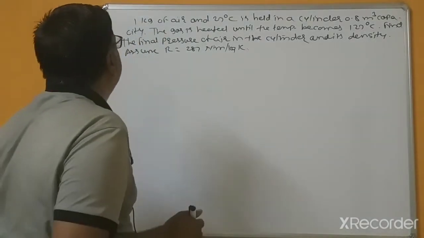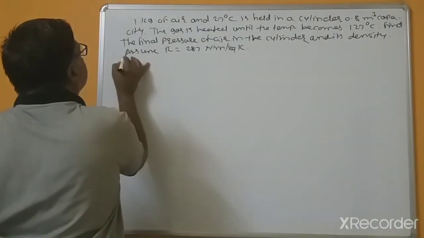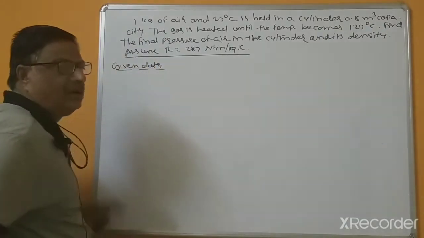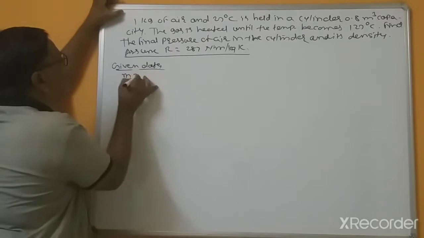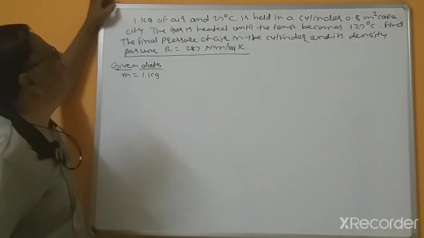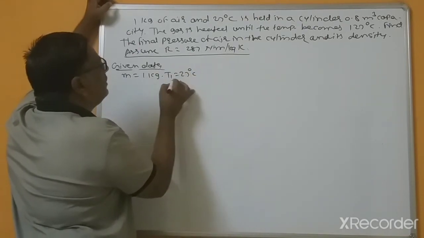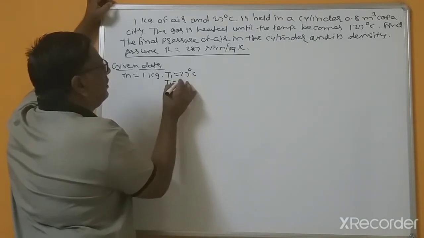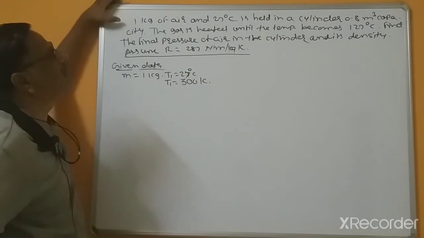So first try to extract what is given. First I will write the given data. Mass of air is 1 kg, and 27 degree centigrade, so this is 300 Kelvin, T1.